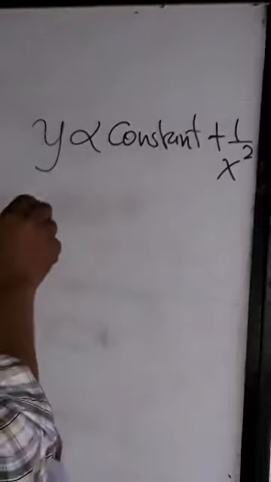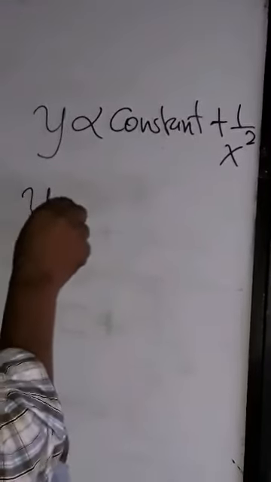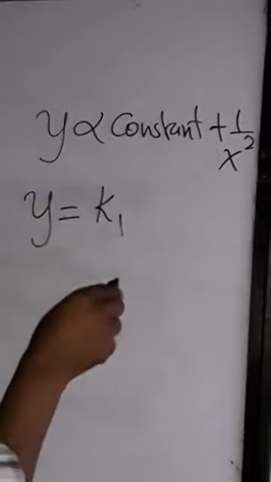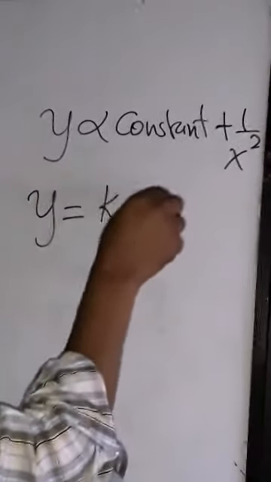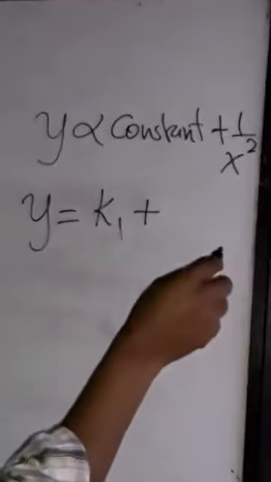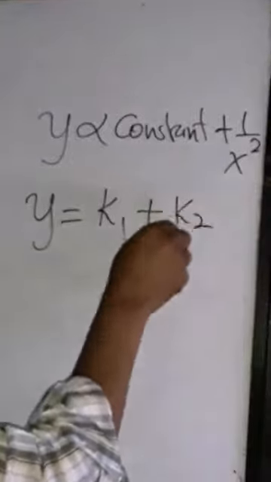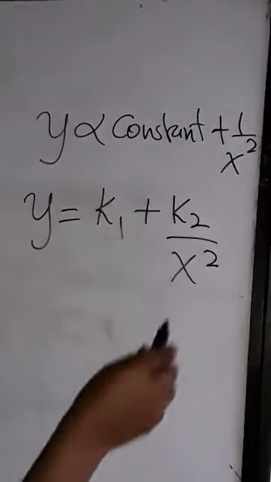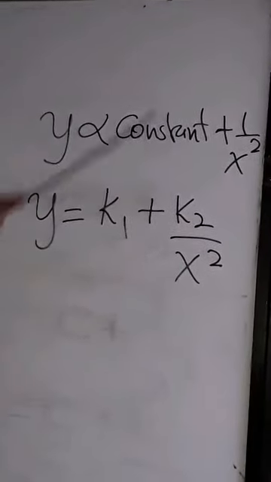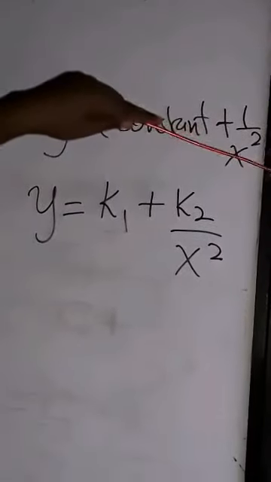So when inserting constants, then y will be a constant k1 plus, introducing a constant for an inverse variation, k2 over x squared. Alright, so that is the interpretation of this statement.